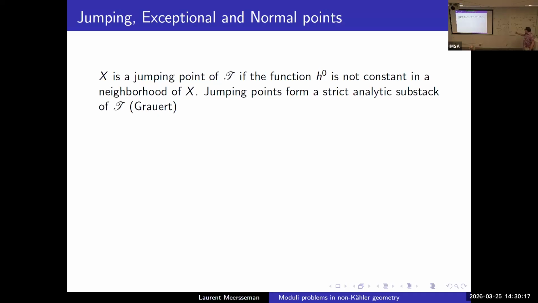The best approximation in the analytic category is the Kawanishi. Jumping points are very bad for the local description, but it's not so bad in the sense that they are located in some analytic substack, so you control this phenomenon.